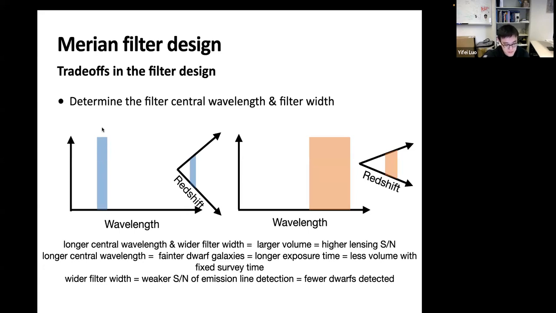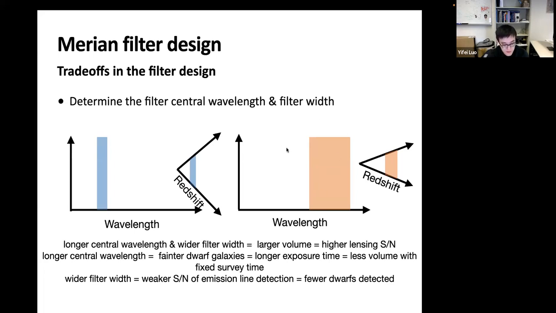If the filter's central wavelength is longer, you will have a higher central redshift for those emission lines or dwarf galaxies. And if the filter width is larger, that means the wavelength range, or the corresponding redshift range, for the emission line is also larger. So their cosmological volume is also larger.